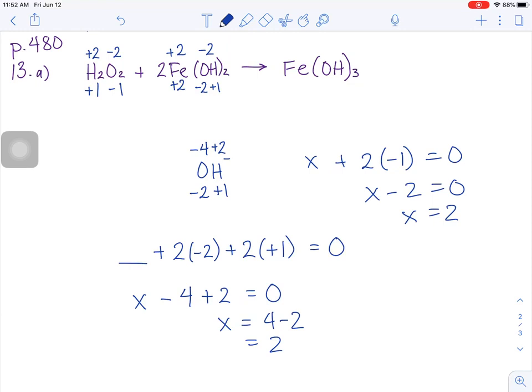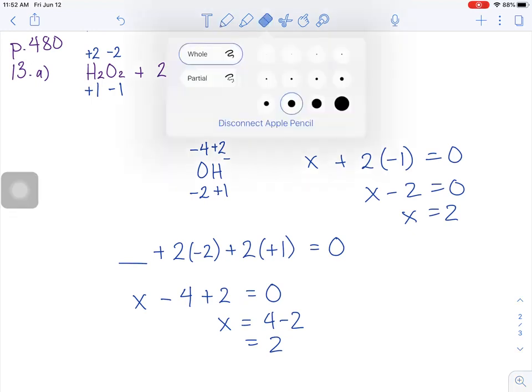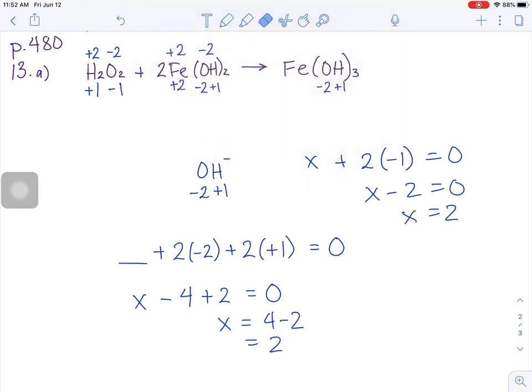And then on the other side, I have iron 3 hydroxide. So hydroxide still needs to have -1 as its total. So we've already taken a look at that. So that means oxygen is a -2, hydrogen is a +1. So that part stays. The part that becomes different is here, and I'm just going to get rid of the minus charge there.